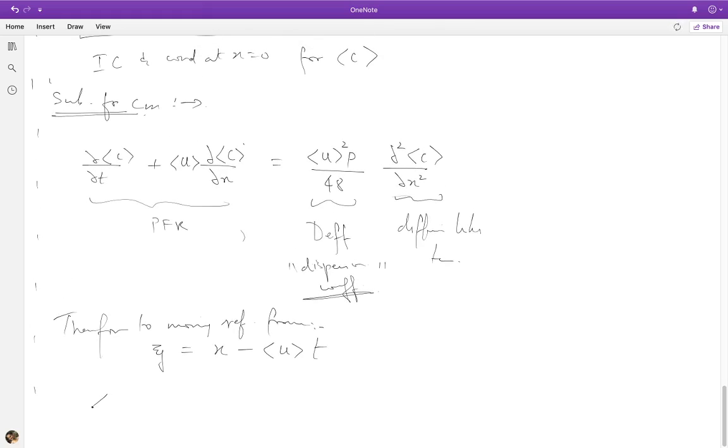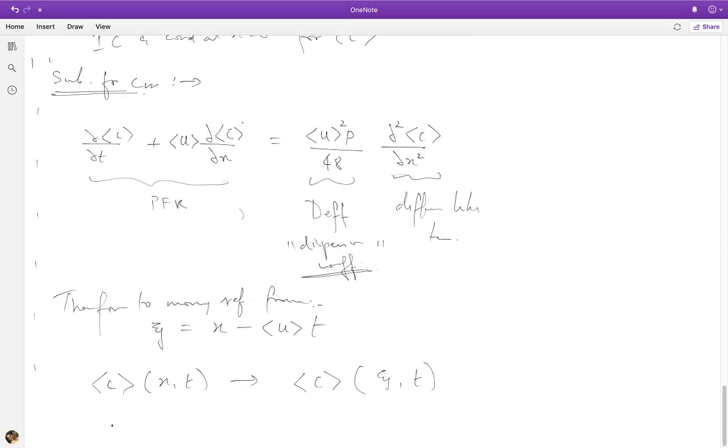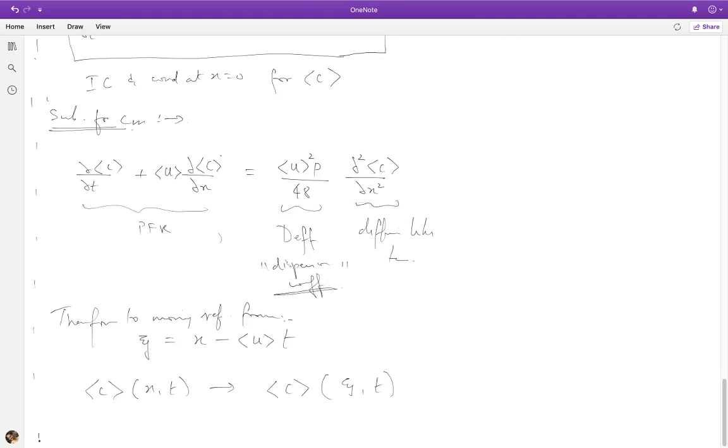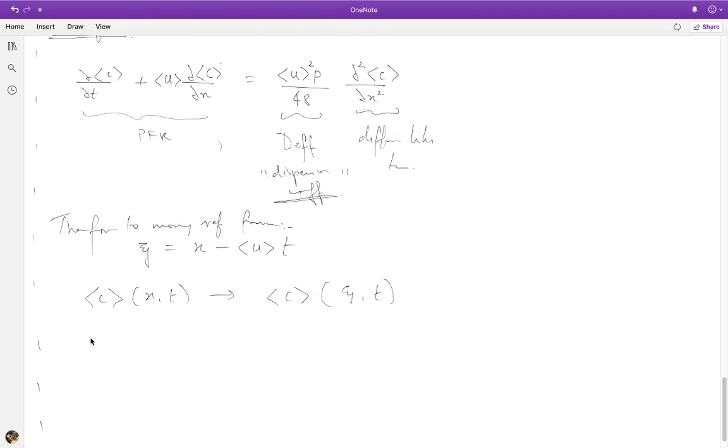So I will write c, which was earlier a function of x and time, now as a function of zeta and time. I would have to use the chain rule to obtain the new equation. For that, dou c dou x must transform to dou c dou zeta times dou zeta by dou x, but dou zeta by dou x is just 1, so nothing interesting happens there.